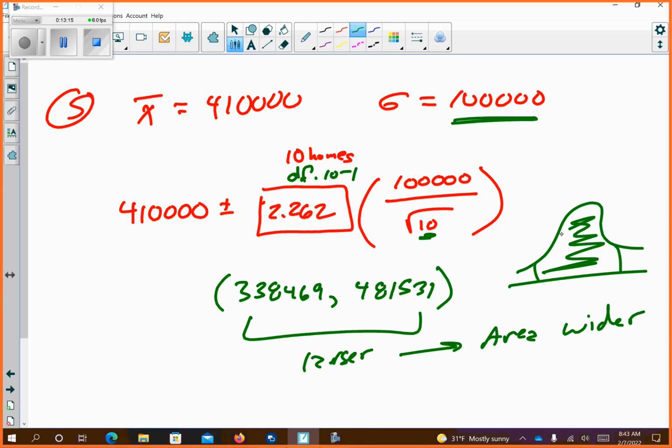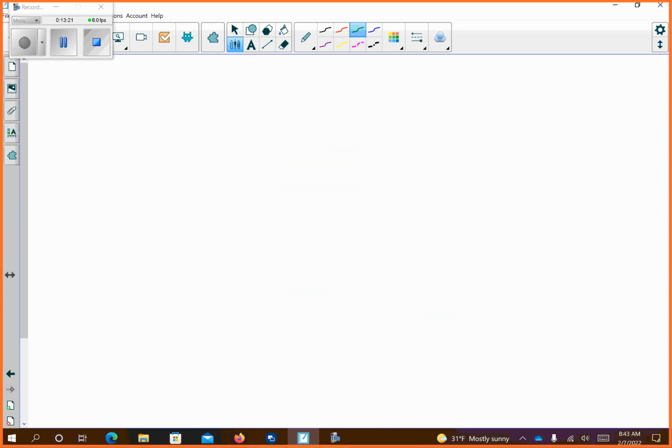So, where are we at? Did we get done with that one? Are we on number 8? Okay. Educational researchers wish to find the average ACT score of students at a particular school. A random sample of 10 students produced an average ACT score of 20.2 with a standard deviation of 6.8.